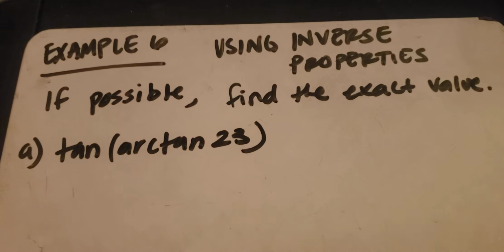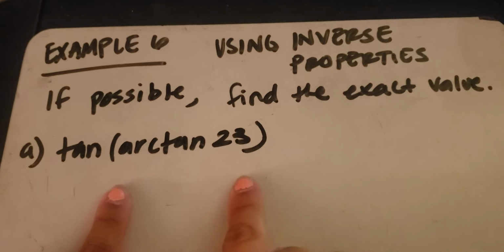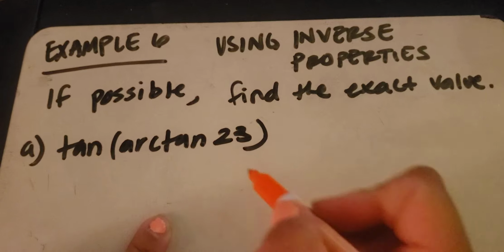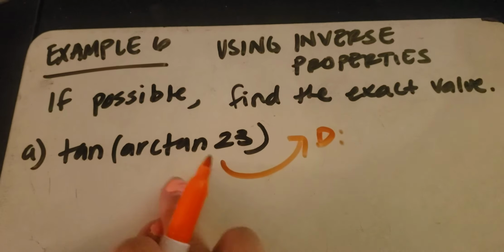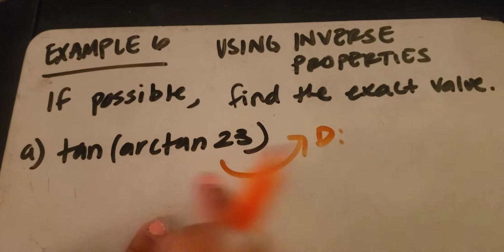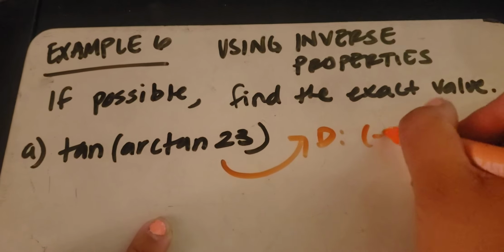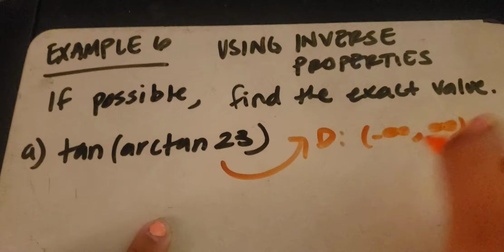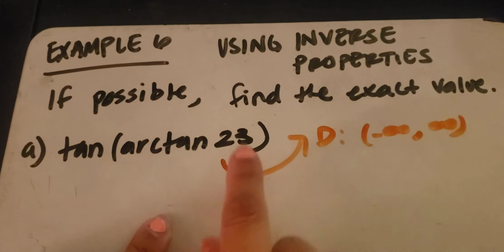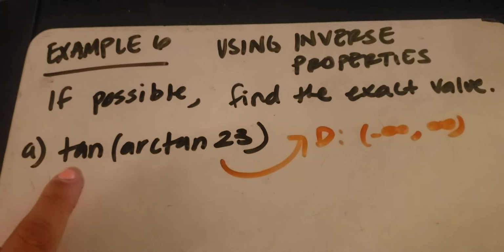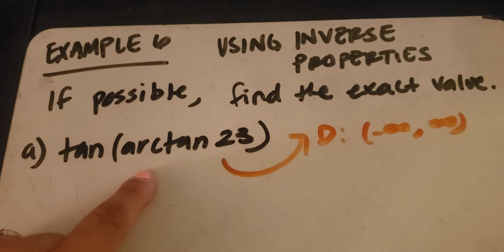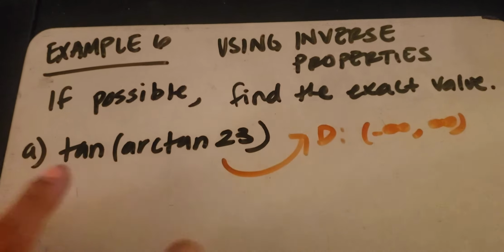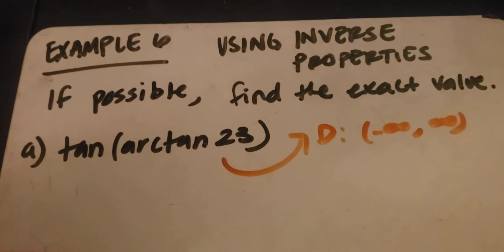Whenever we have an inverse function inside, we should be looking at the domain. So in here, the domain of the tangent inverse is basically all real numbers, so 23 is an acceptable value. When I take the tan of the tan inverse or arctangent of 23, you guys have done this before in composition.